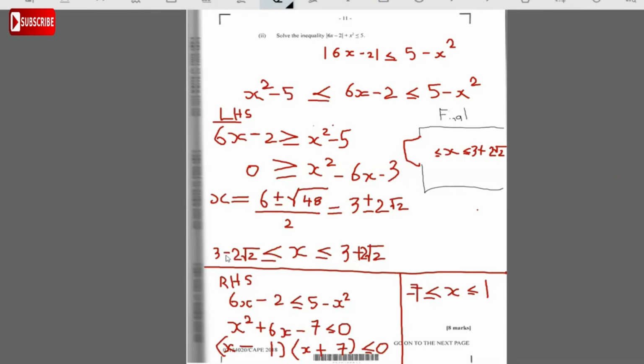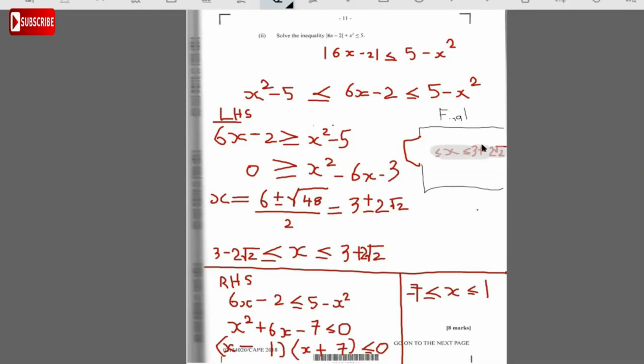So let's check from 3 minus 2 root 2. That is 0 point something. So let's check from 0. 0 minus 2 plus 0, that's good. And so indeed, the smaller part works. So 3 minus 2 root 2 works.